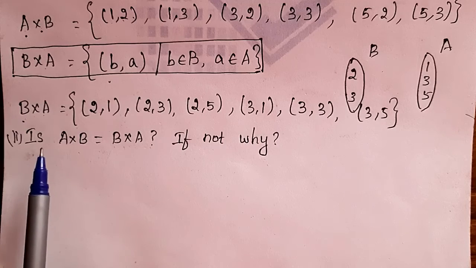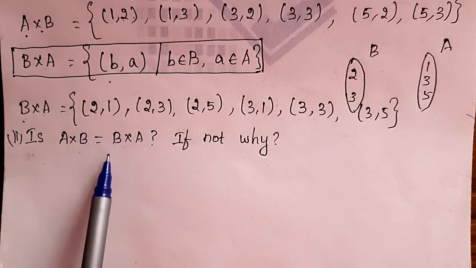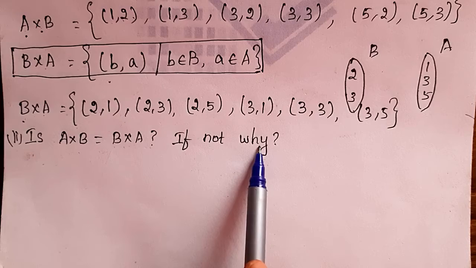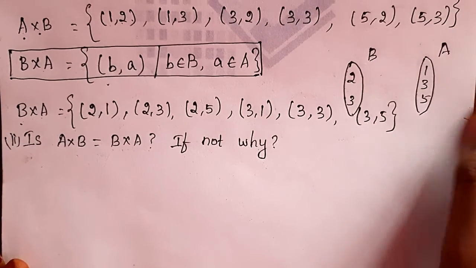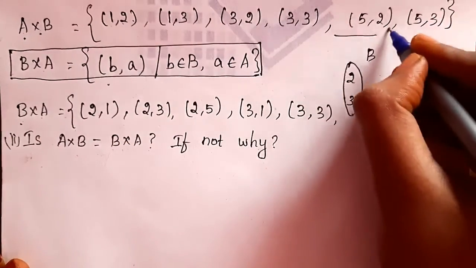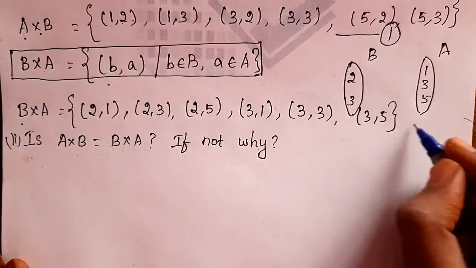Second part: is A cross B equal to B cross A? Already we know both are not equal. If not, why? So we are going to prove that with the first part. Look at the first part. You have A cross B, you can take this as equation number 1. Next, B cross A is equation number 2.